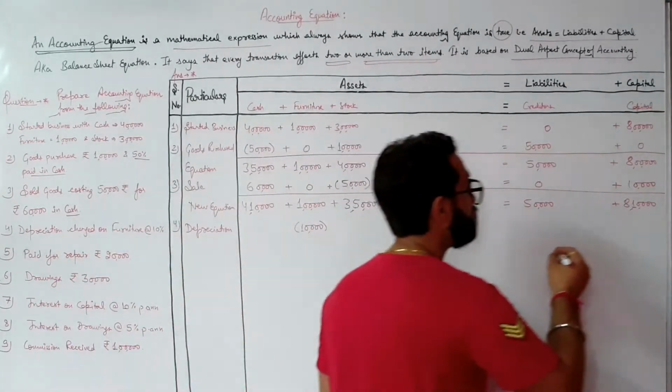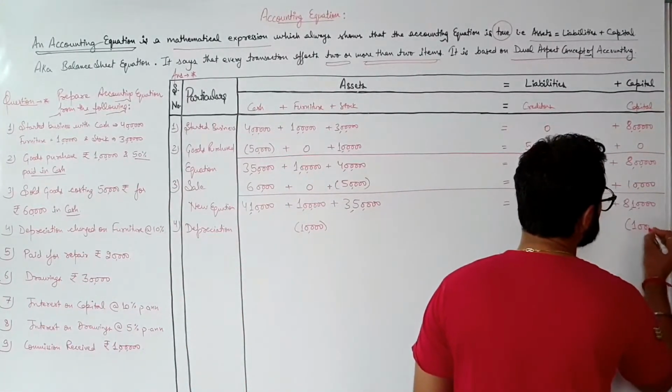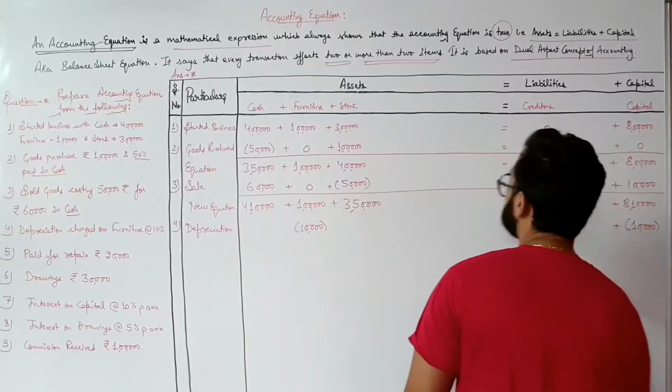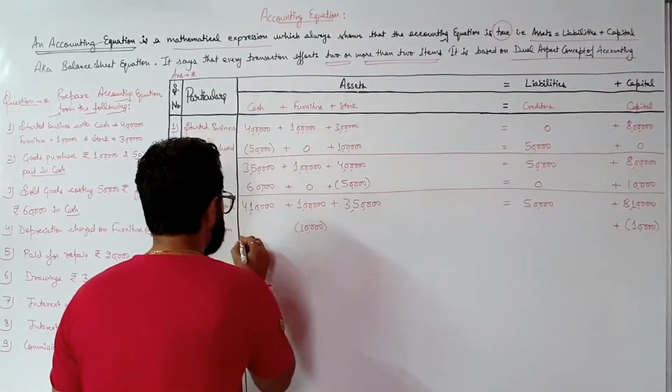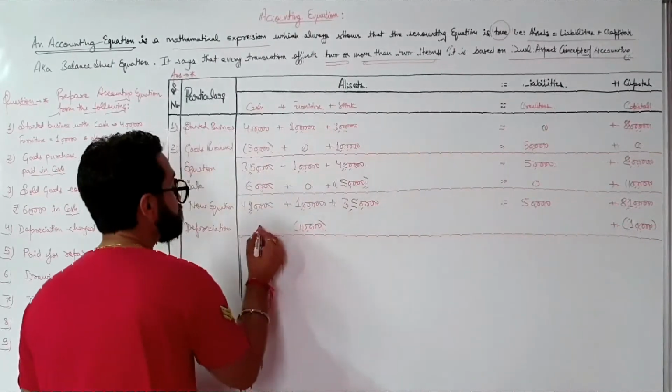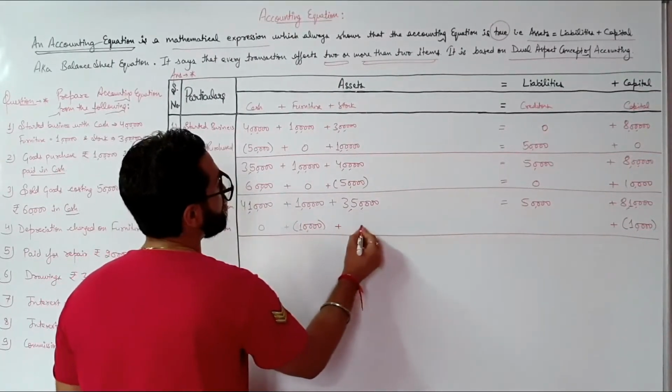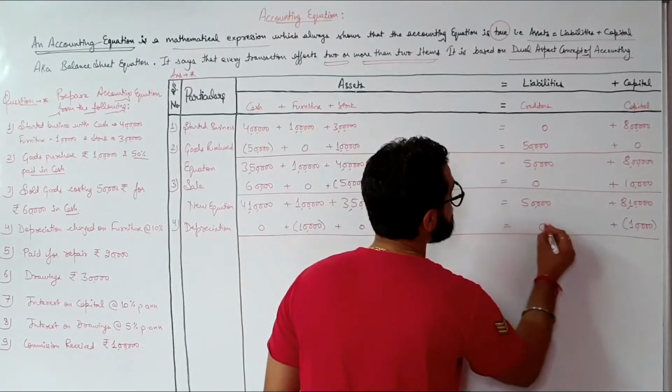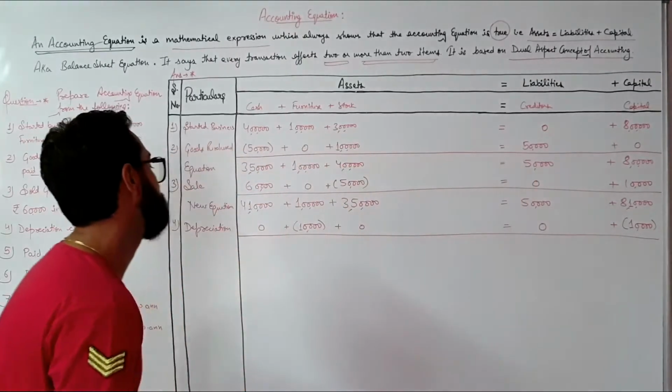Now this is a non-cash expense, but it will reduce the capital of the owner because at the end it is an expense. Zero effect on cash, zero effect on stock, zero effect on liabilities.